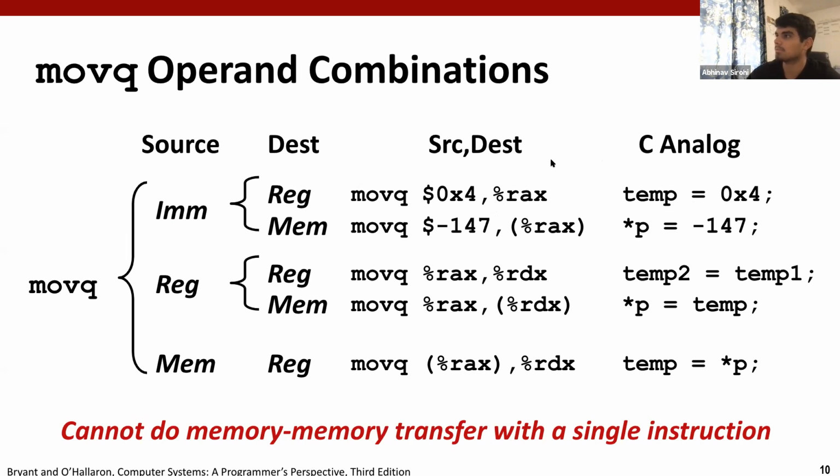If you wanted to move the value 0x4 into the register RAX, that is analogous to temp equals 0x4, where temp would be the register RAX, and now it holds the immediate value 0x4. You can see there's a pretty clear correspondence to the C analog. The variables just represent registers. If we wanted to move RAX to RDX, we just set temp2 equal to temp1, where temp2 represents RDX and temp1 represents RAX.